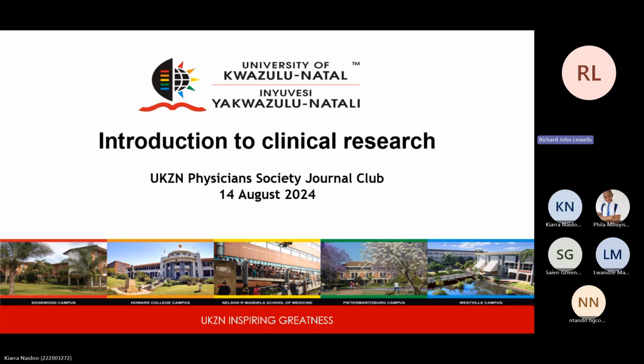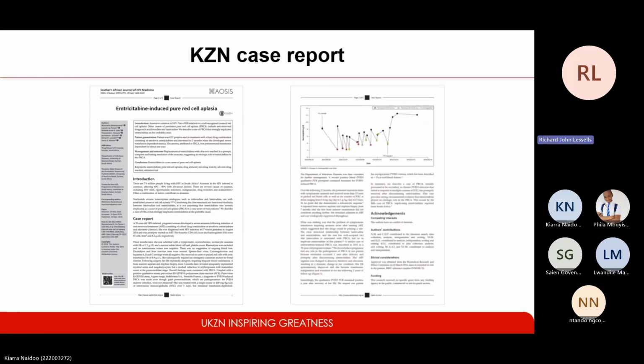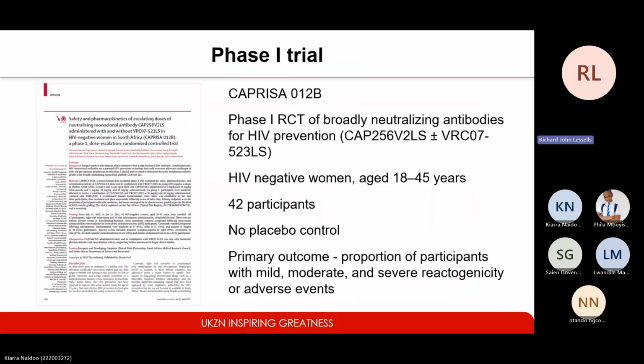But what they're really testing is what are called broadly neutralizing antibodies. For this study, they're doing it in HIV negative women, in a certain age group. And this phase 1 trial includes 42 participants.